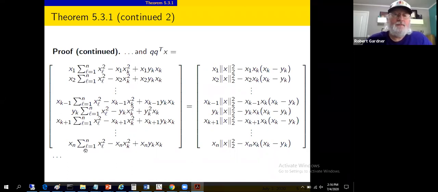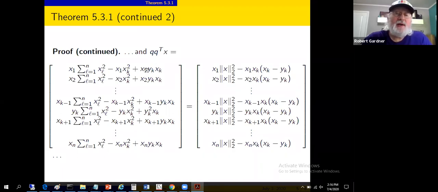Now, about that, except for the kth component, here we've summed from L equals 1 to n, including k. So somewhere in here, there's an x1 times x sub k squared. But I don't want that, so let's take it away. Let's take away the x1 times x sub k squared, subtract that off, and replace it with x sub 1 y sub k, x sub k.